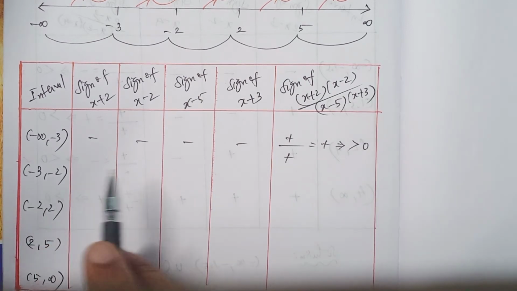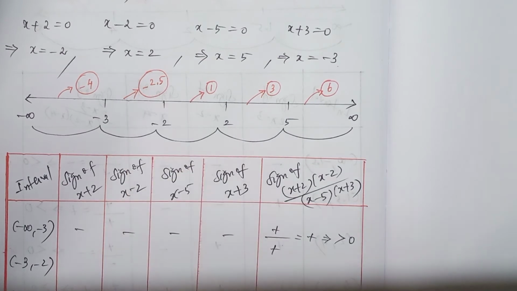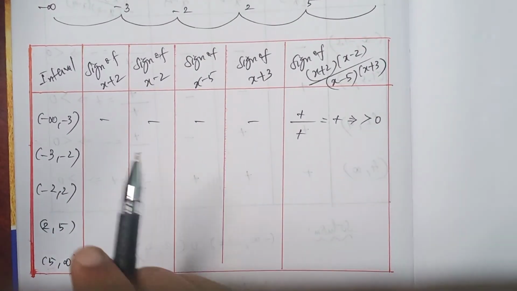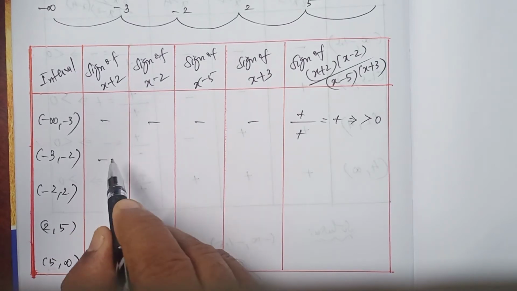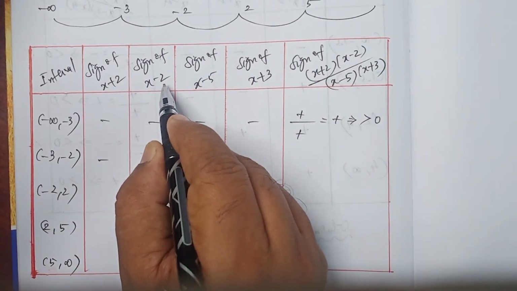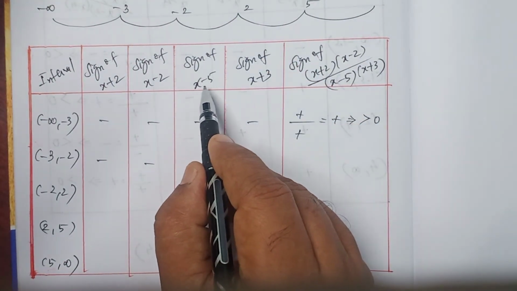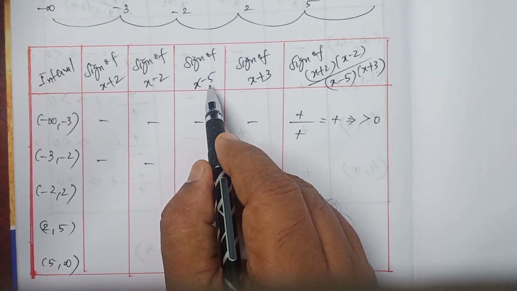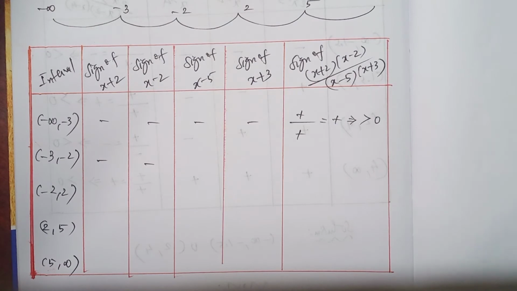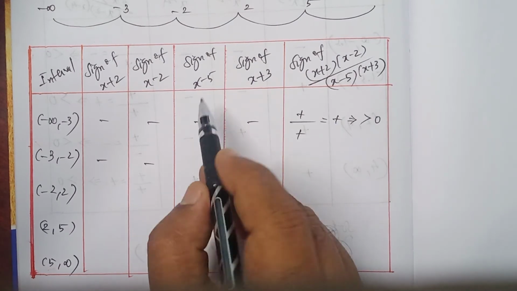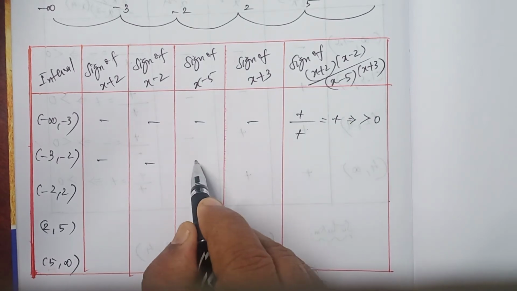Next, in this interval we are considering minus 2.5. Substitute x equals minus 2.5. Minus 2.5 plus 2 is minus 0.5, negative. Minus 2.5 minus 2 is minus 4.5, negative. Minus 2.5 minus 5 is minus 7.5, negative.